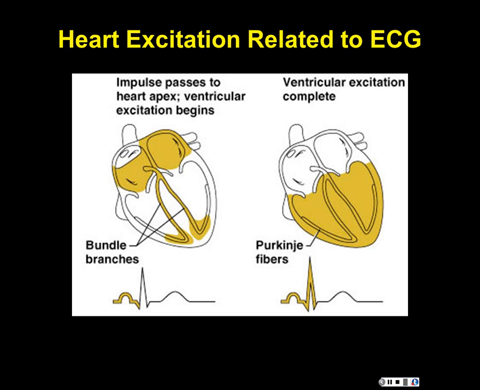notice that the conducting fibers that extend down to the ventricles are now doing what? They're depolarizing. But we have so much area to cover, ventricles are not fully in what? We're just exciting them. They're not fully into what phase? Did someone say contraction? Yeah, they're not in systole yet.